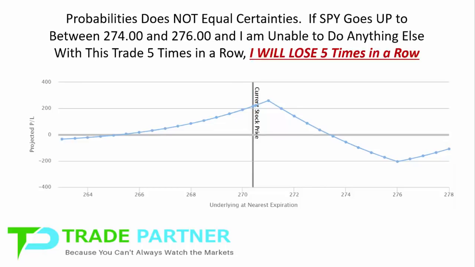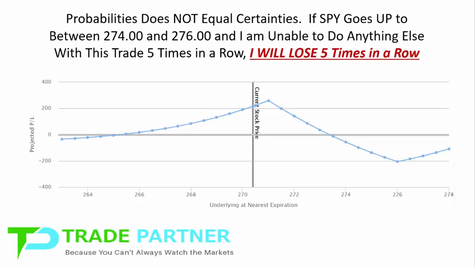All right. Now, one of the things that people get hung up on is that when I talk about mathematical probabilities, for whatever reason, they translate the term mathematical probabilities into mathematical certainties. And that is not what we're dealing with. This is trading.